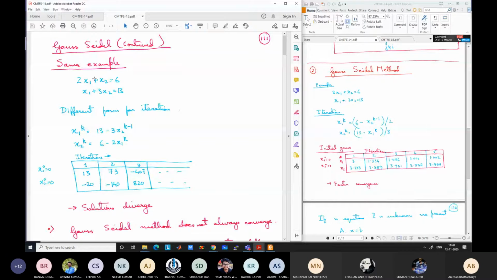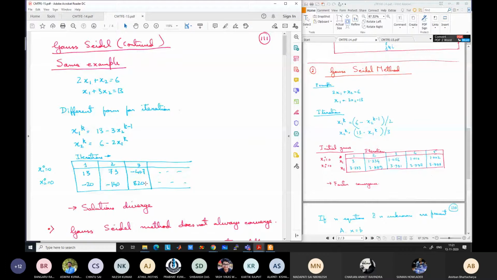If you start with iteration 0 in both cases, the first value of x1 is 13 minus 0, so 13. Similarly, the first value of x2 is 6 minus 2 into 13, so minus 20, then 73, minus 140, and it keeps on increasing rapidly. This is known as divergence. You are going in the opposite direction, so your results are not converging; they will blow up.